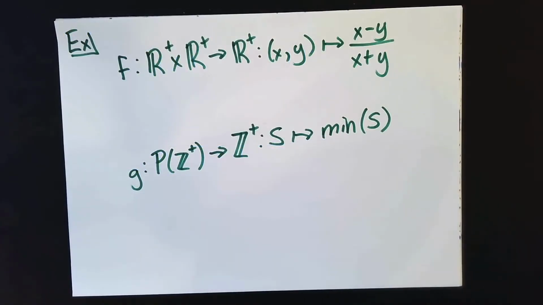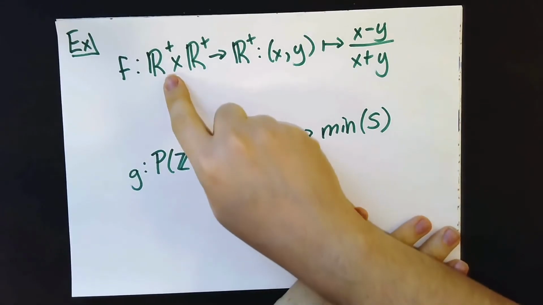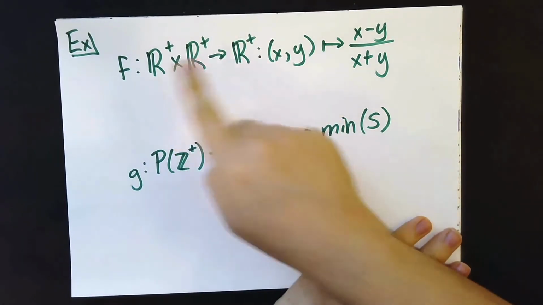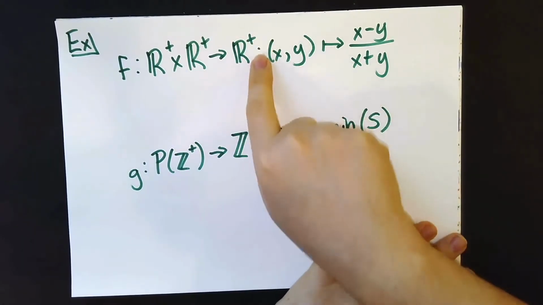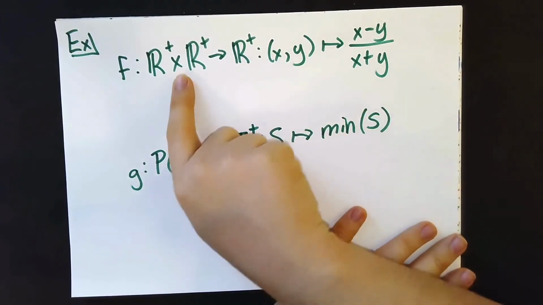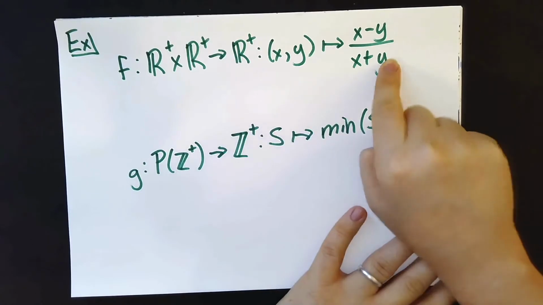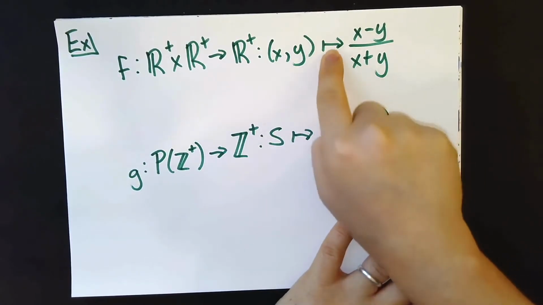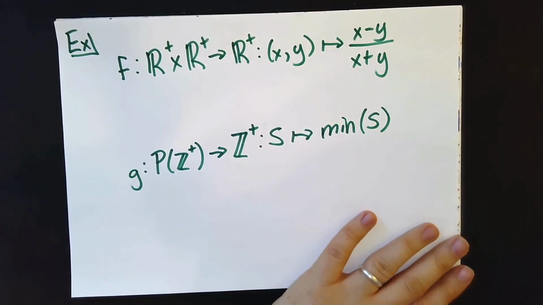I've written down here two things that look notationally correct. That is to say, I've written down two sets, a domain and a codomain, and then I've described what the function does by giving you where an arbitrary element of the domain maps to, and I've used the correct maps to arrow here and the to arrow here.